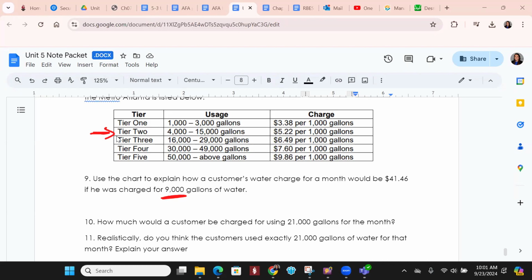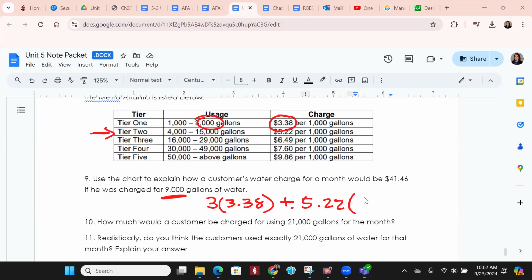Okay, so they're charged $3.38 per first 3,000 gallons. So 3 times 3.38, plus they're charged $5.22. If we already used the 3,000 in that first tier, how many do we have left?